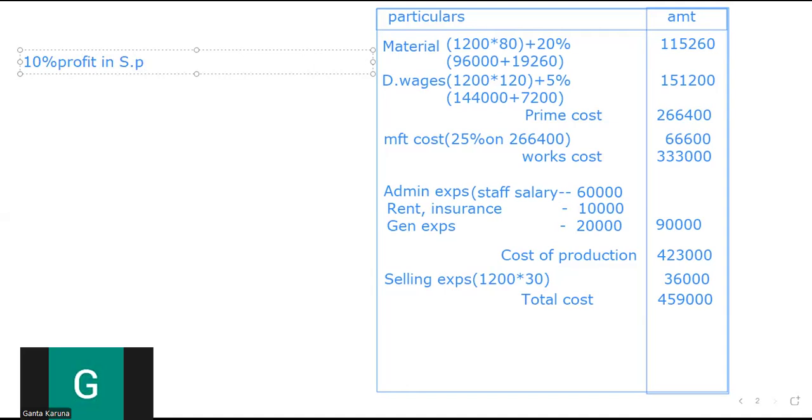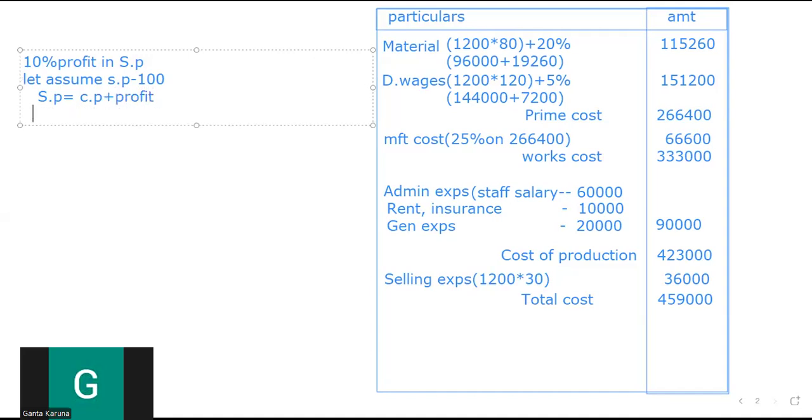We know cost price, but we don't know selling price. But we have a formula, no? So what is the assumption we are going to make? Let us assume selling price. Whatever he gives as a percentage, we can assume as 100, because percentage, no? So therefore, we know the formula of selling price. What is the formula for selling price? Selling price is equal to CP plus profit.